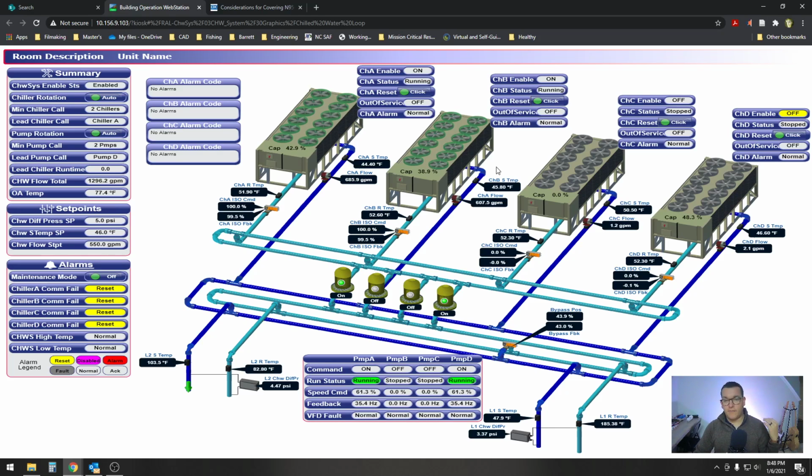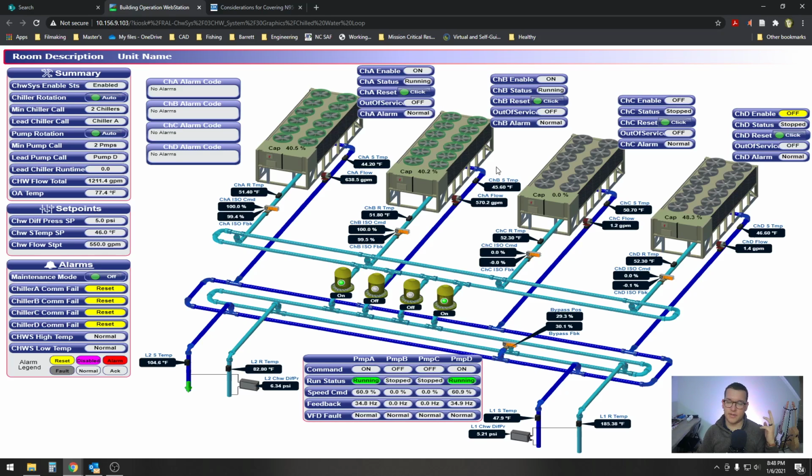Why do we care about 46? Where do we get that number? So the 46 is, again, a manufacturer specified temperature, but it's actually of the Cray units downstairs. So the Cray units have to have 46 degree water to remove the amount of heat that it's rated for.